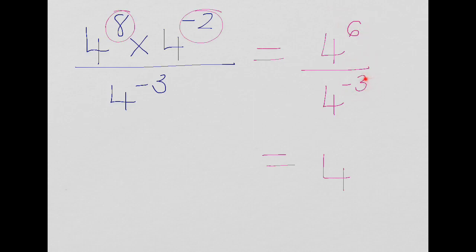I'm subtracting a negative number. So I don't go down my number line, I go up my number line, and I'm going to go up 3, and so my answer is 4 to the 9. Okay, you might need to rewatch that, might need to choose to recap your negative numbers, because that's what can cause the problems.